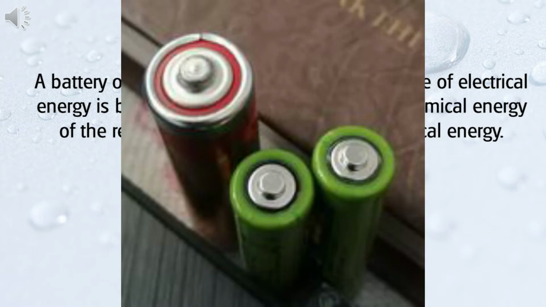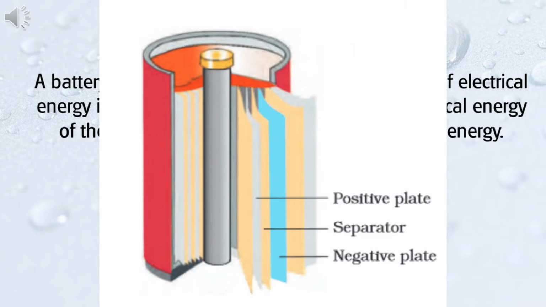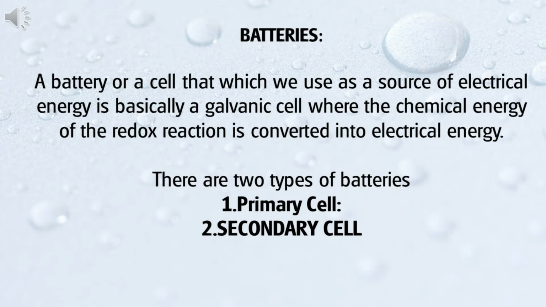It should be light, compact, it should have a reasonable life, and it should provide almost steady voltage without much drop. The electrochemical cell can be classified depending upon their usage as primary cell and secondary cell.